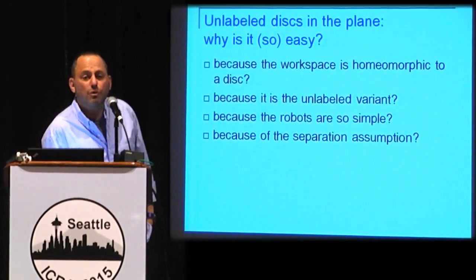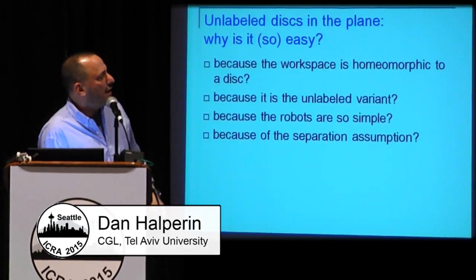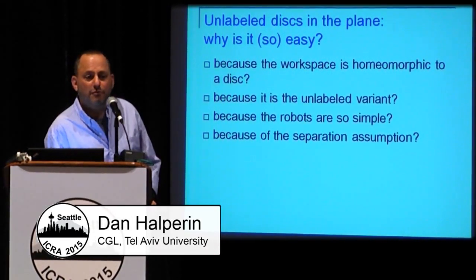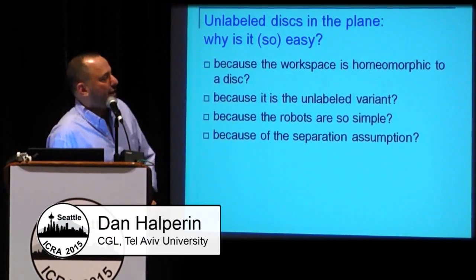And the question is, again, what's going on here? Why is this specific problem so easy? It's easy, the analysis is not easy, but it's easy as compared to hard, intractable problems. It has a quadratic solution. And here are possible suspects for this problem being easy.